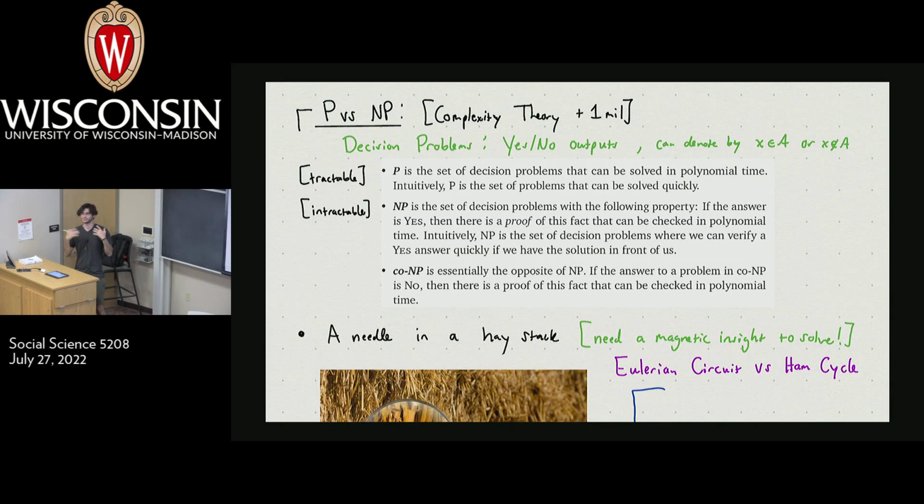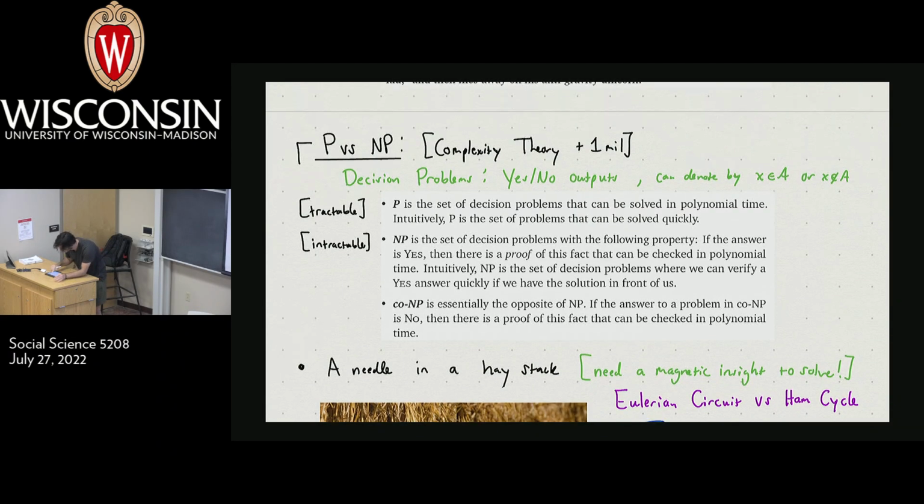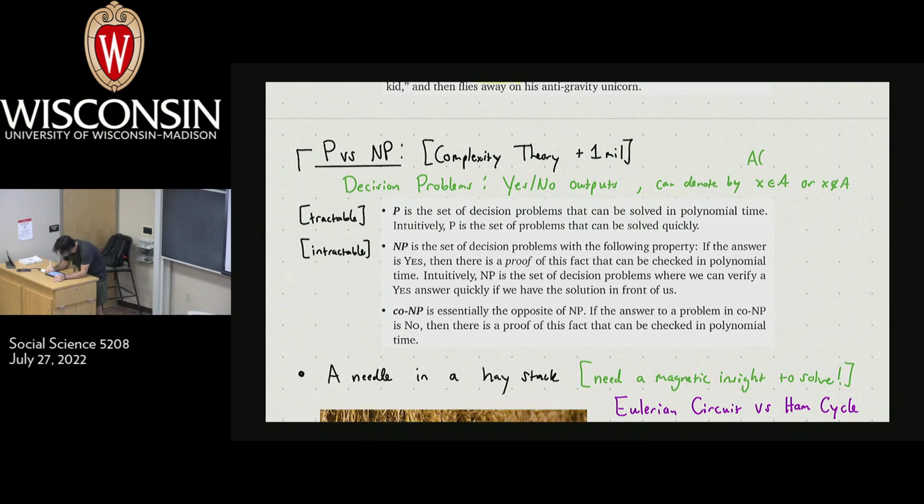You just have to tell me yes or no. Generally, we'll denote this by saying if A is a decision problem, then X is in A if X is a yes instance. You can also think of this as A of X equals 1. So it's an input to the problem that has answer yes.